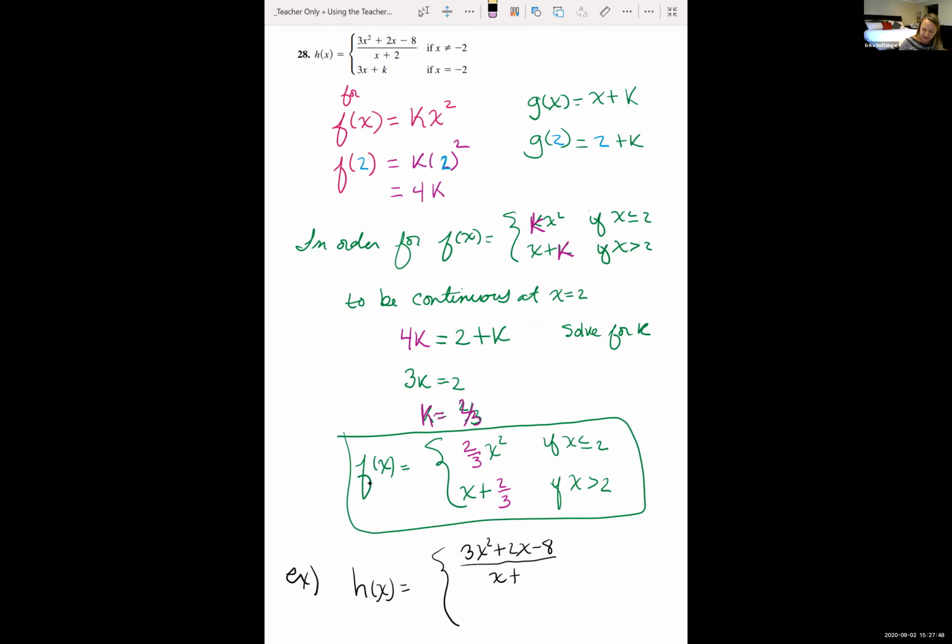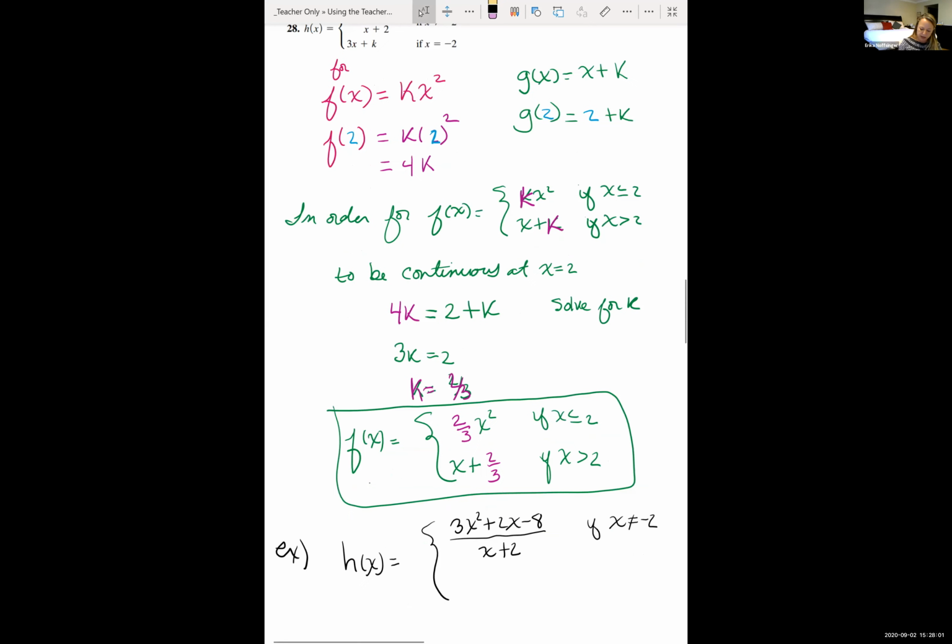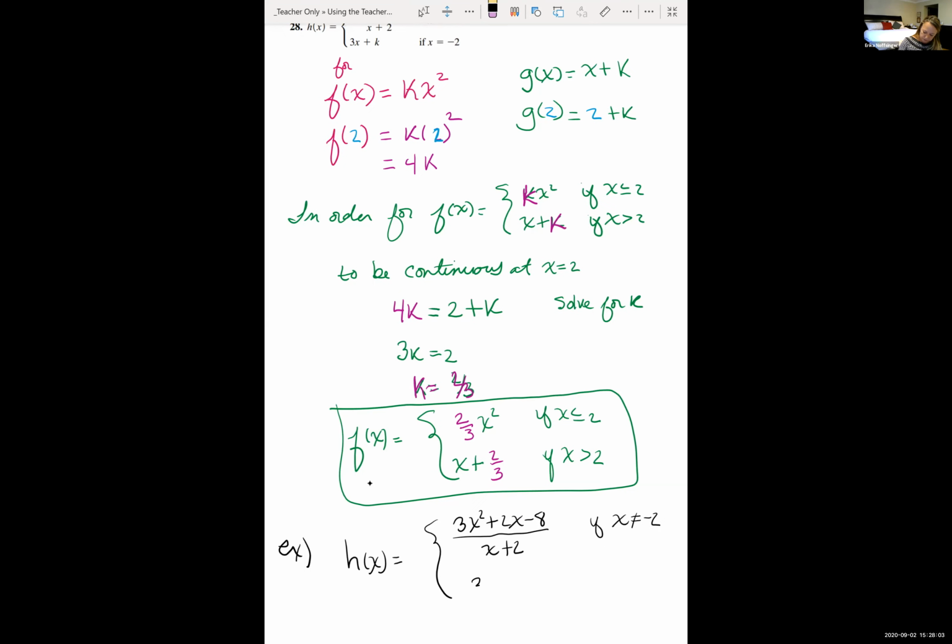And this is if x does not equal -2. Is there a k in there? Nope. The only k is in the second equation, which is 3x plus k. And this is if x equals -2.